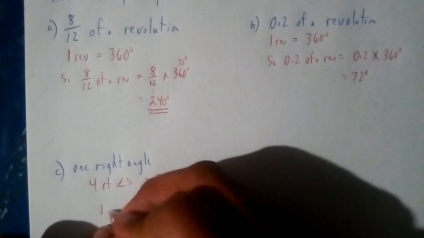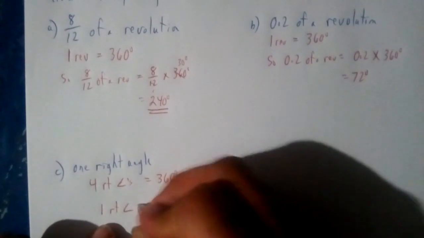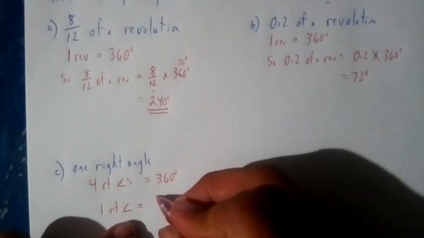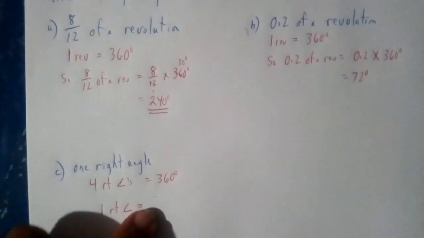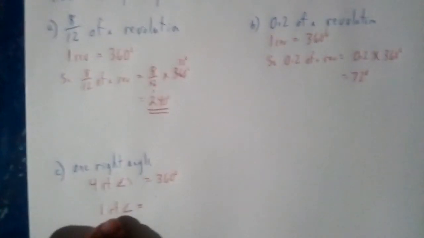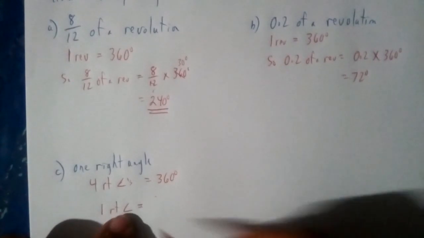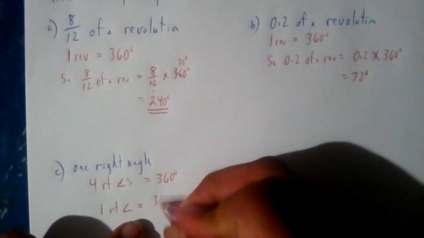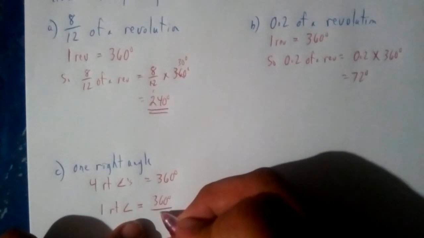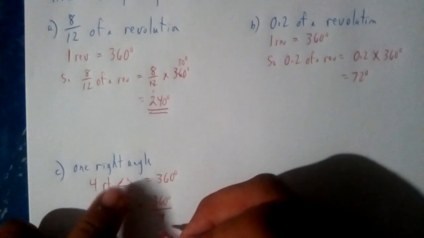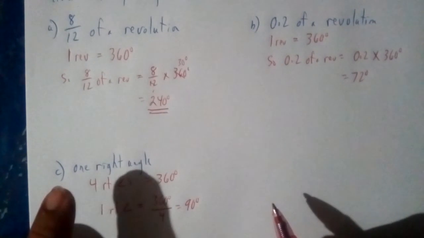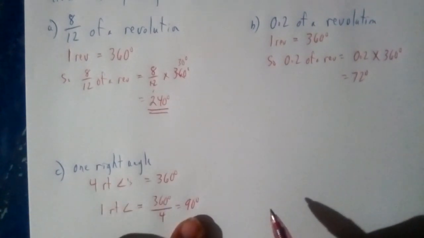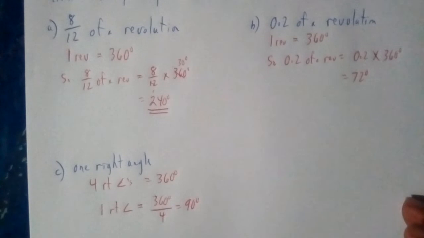We put 1 right angle is equal to 360 degrees divided by 4, because you only want one right angle, which gives us 90 degrees. Hence, one right angle is equal to 90 degrees. That is how you will be calculating this.